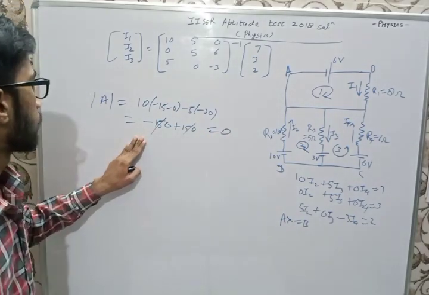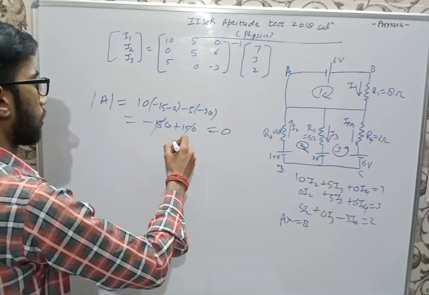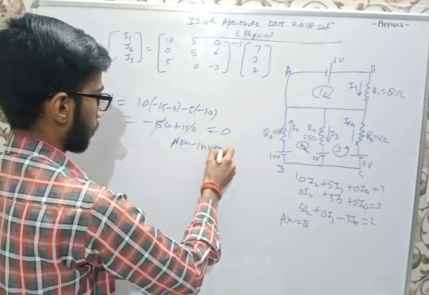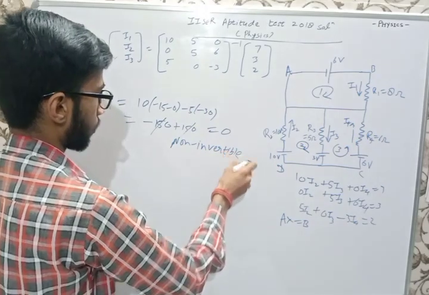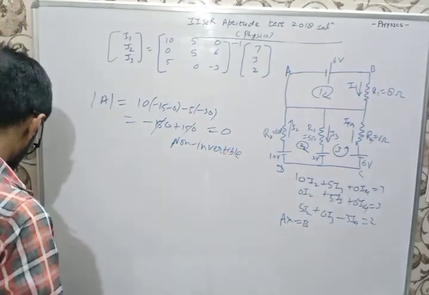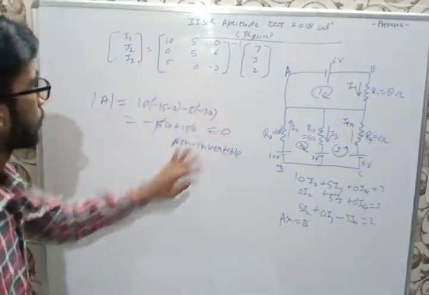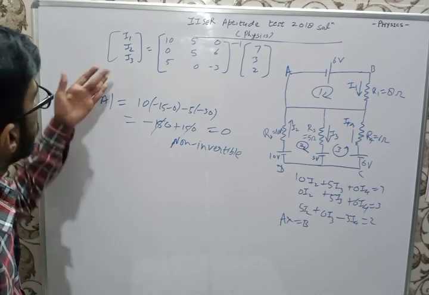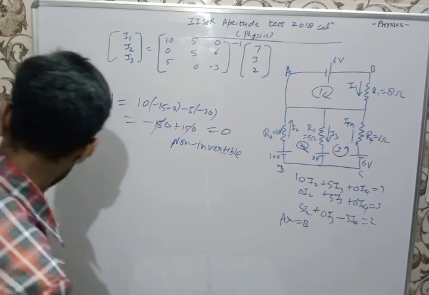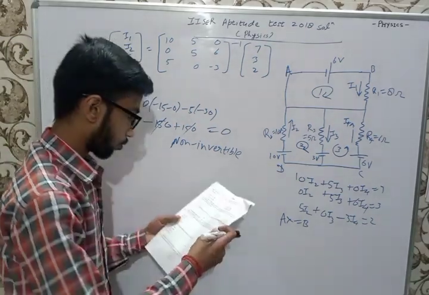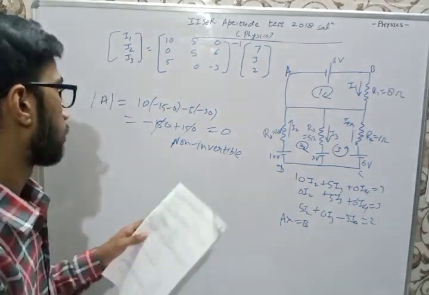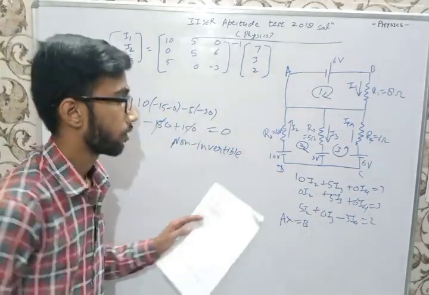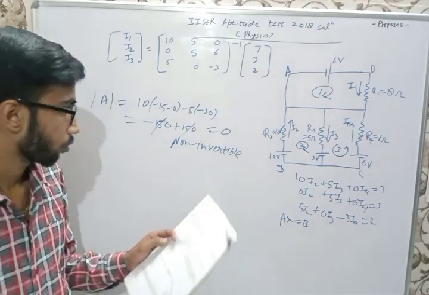So it is non-invertible, which means the inverse does not exist, and if the inverse does not exist, then it can have infinitely many values. So there is no appropriate option because it is not invertible, so it does not have any solution.